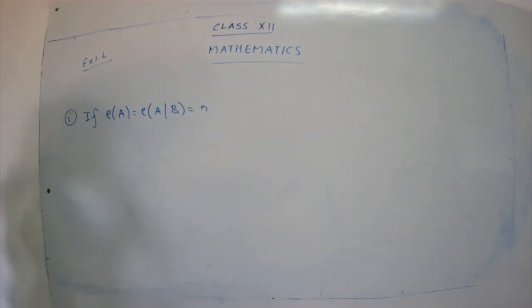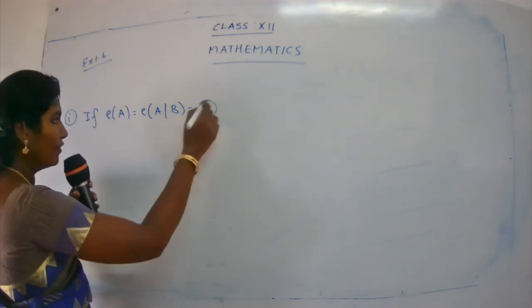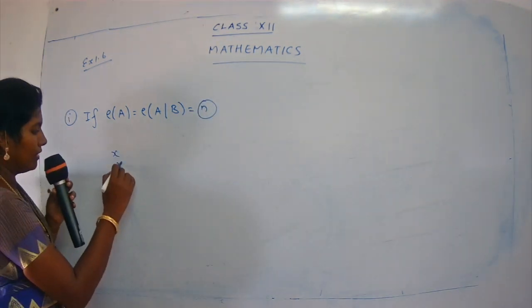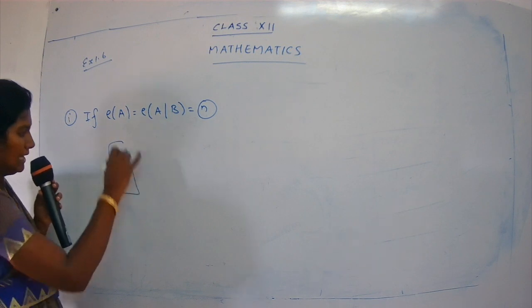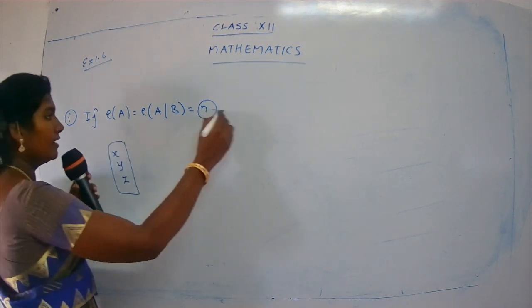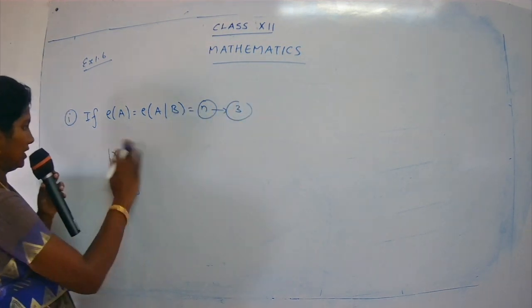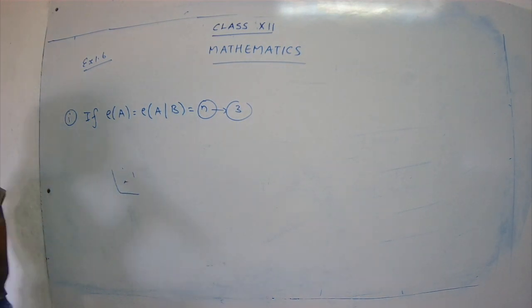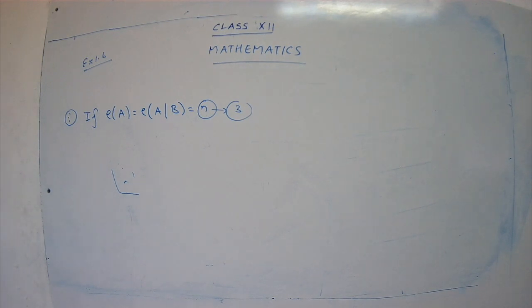Here n denotes the number of unknowns, and you know how to find out the number of unknowns. So if you have the variables x, y, z in a linear equation, we say the number of unknowns is 3. So if you have rank of A is equal to rank of AB is equal to n.